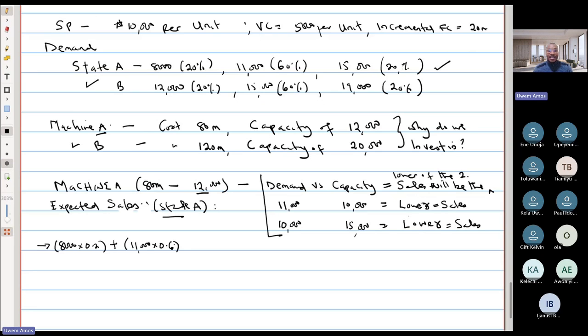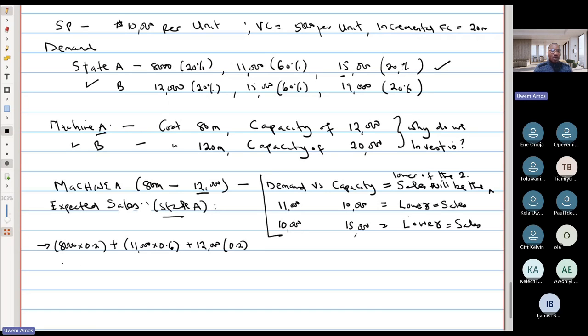And then finally, 15,000 versus 12,000. We are still buying state A, please. Expected sale for state A: 15,000 versus 12,000. The lower one is 12,000, and the probability is 0.2.